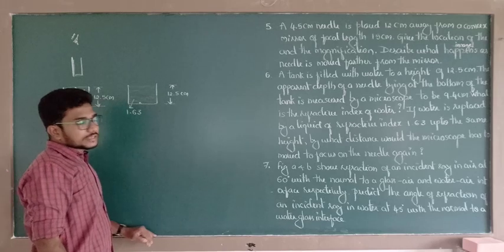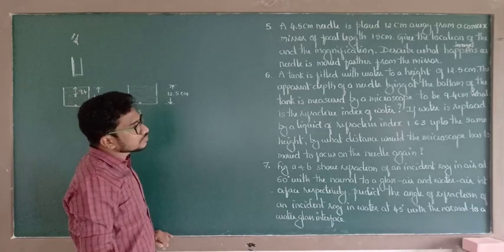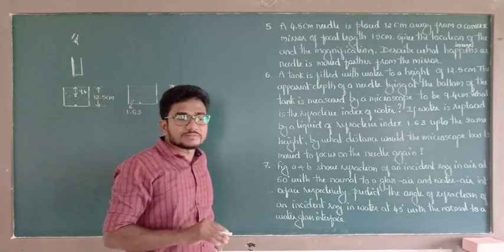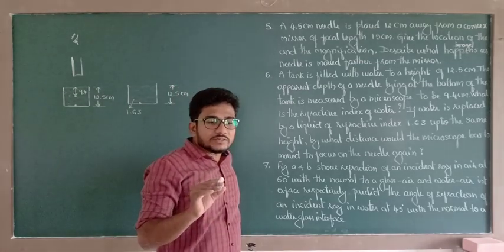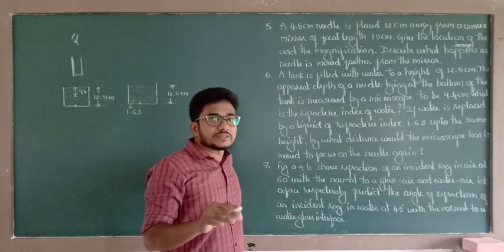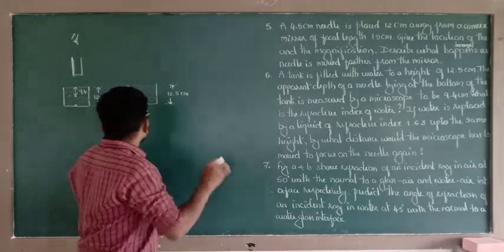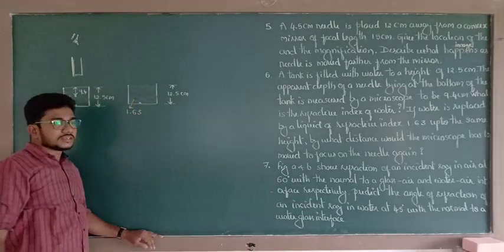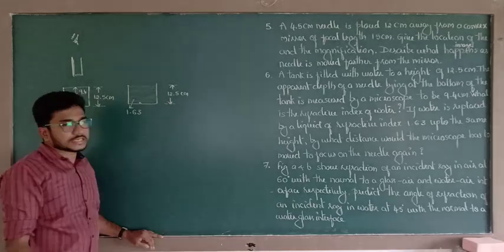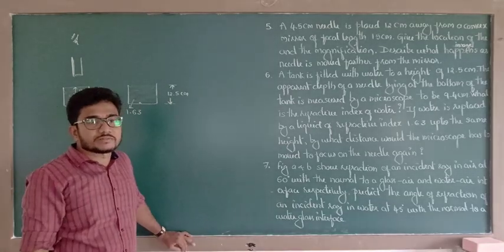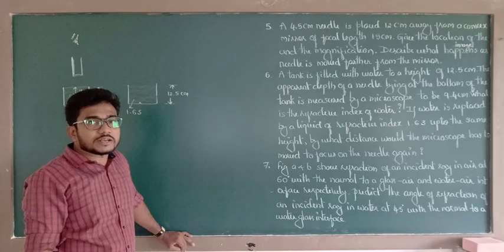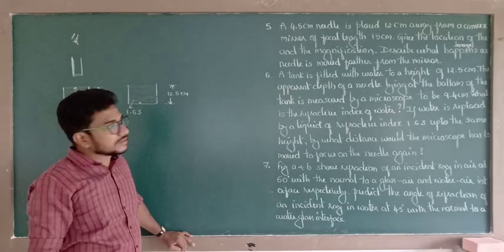The distance by which the microscope has to be moved in order to view the clear image depends upon the change in apparent depth between the case of water and the case of a given liquid of refractive index 1.63. Therefore, at first we have to calculate the apparent depth in both the cases.